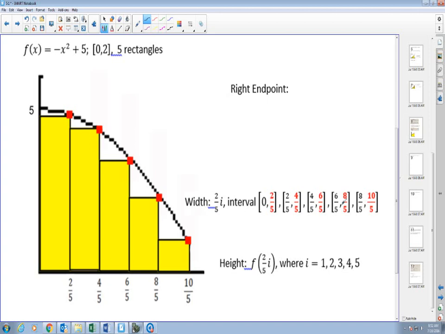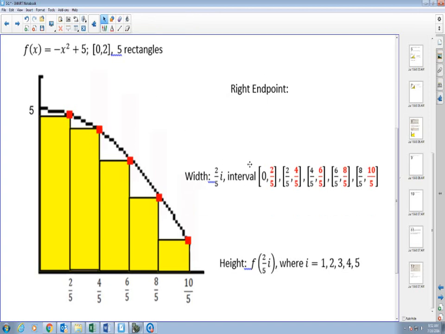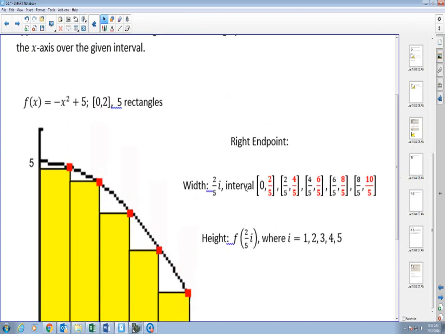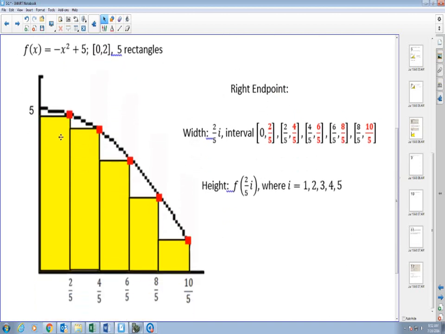Alright, the concept of right endpoint. The right point of the first rectangle I drew is right here. That point goes straight down to the x-axis at 2/5.